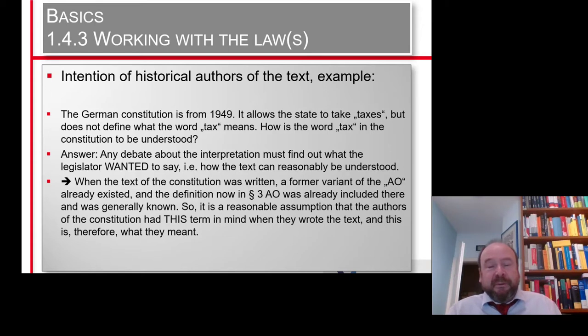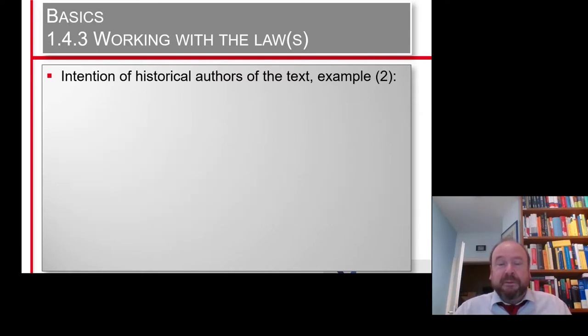And so what all the people writing the Constitution had in mind when they wrote down the word tax was evidently what the AO or the predecessor of the AO meant and defined by the word tax. So courts would probably say that is the only thing where we can determine the meaning of the word tax if it was used in 1949, and so they would do this.